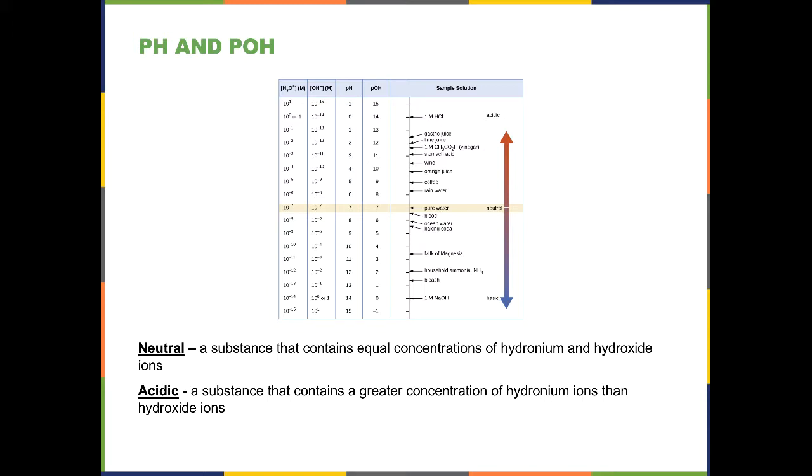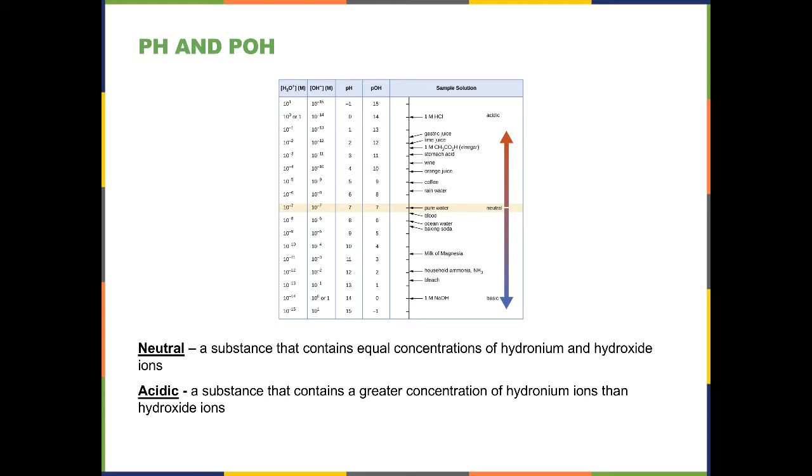So anything that's acidic is something that has more acid concentration than 1 times 10 to the minus 7, and that's anything in this table that's above the highlighted band. You'll also notice that the pH numbers become smaller and smaller as you get more and more acidic, and the pOH numbers get larger and larger.